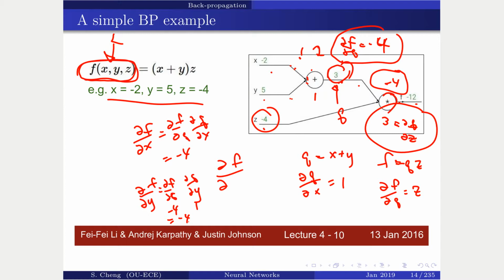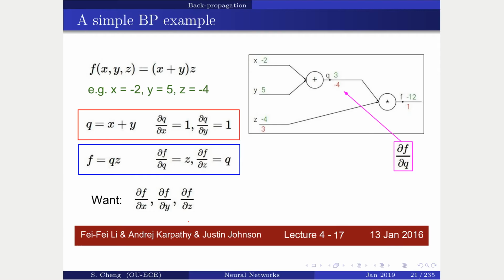And then when you go backward, you just multiply the derivative that you propagate back with whatever partial derivative you stored in each little one. So therefore, it's called backpropagation. You go forward once and then backward once. You compute all the partial derivatives with respect to all the inputs, and also all the intermediate inputs as well.